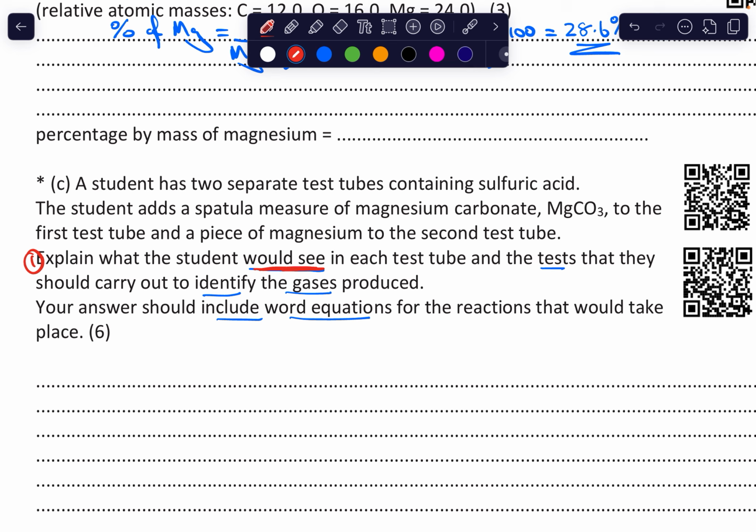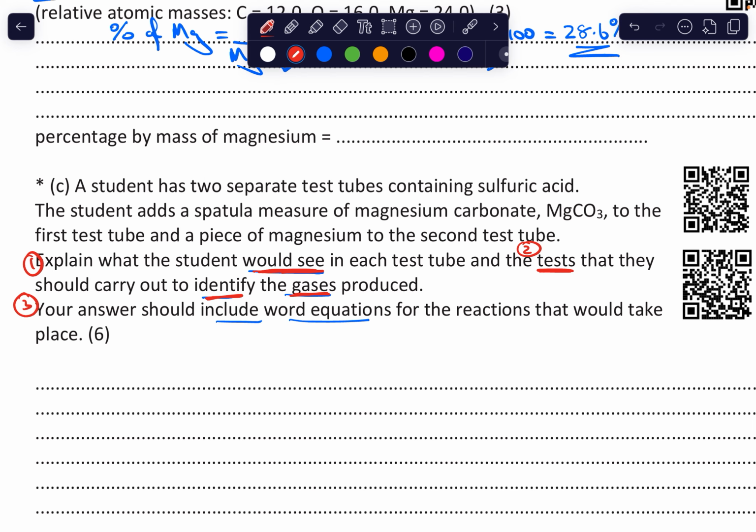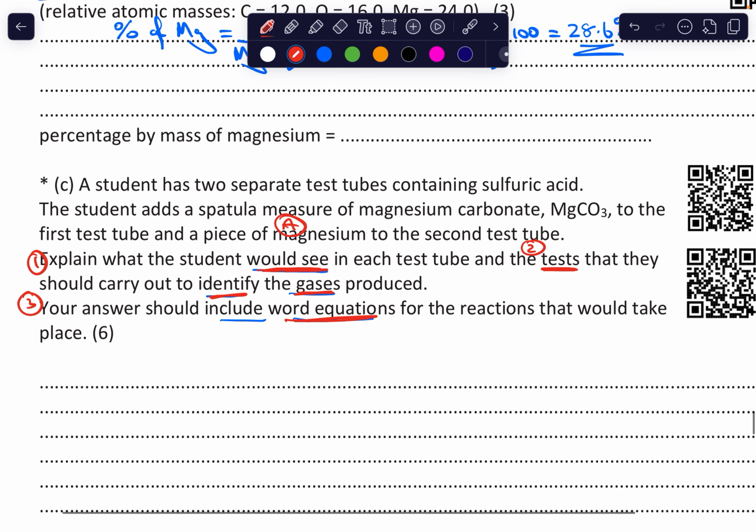Second, give the tests they're going to do to identify any gas. The third part is to include word equations. So I've got 3 parts. I'm going to do that for magnesium, and then do the same thing for the magnesium carbonate.